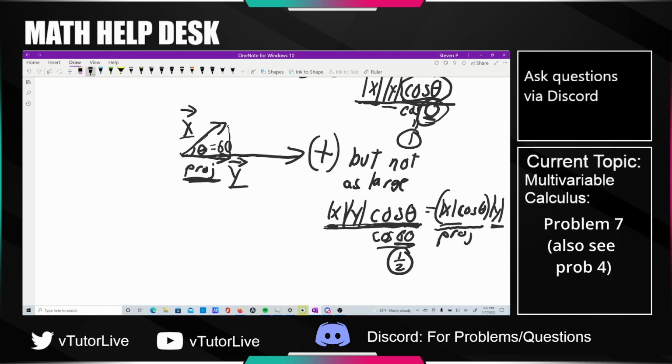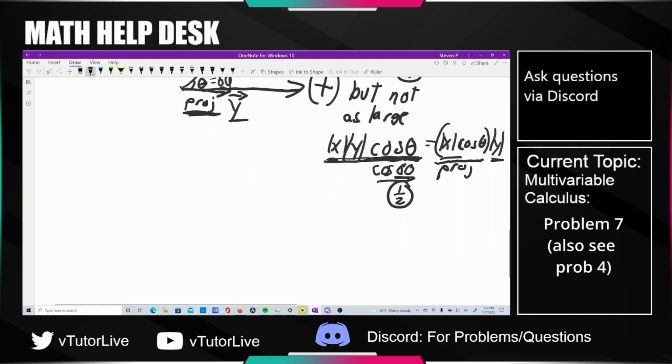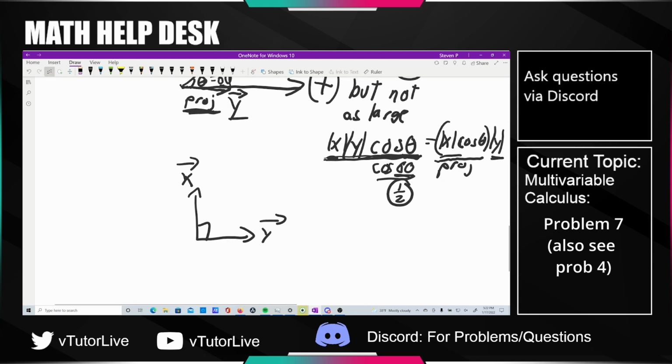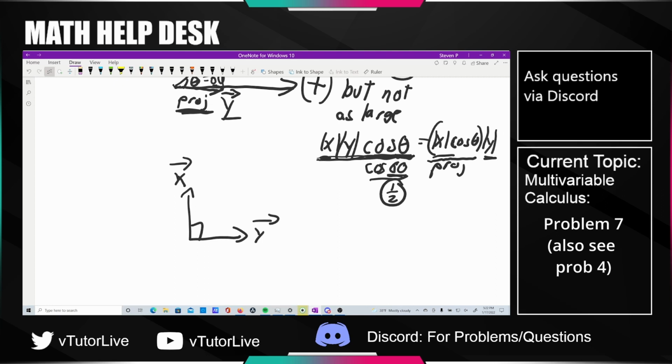Okay. So now we go to a case where this is y and this is x, and they're perfectly at 90 degrees from each other. We've talked about this in one of the previous problems, but what's the dot product going to be when these two are perpendicular? Not quite cancellation, but a similar concept.